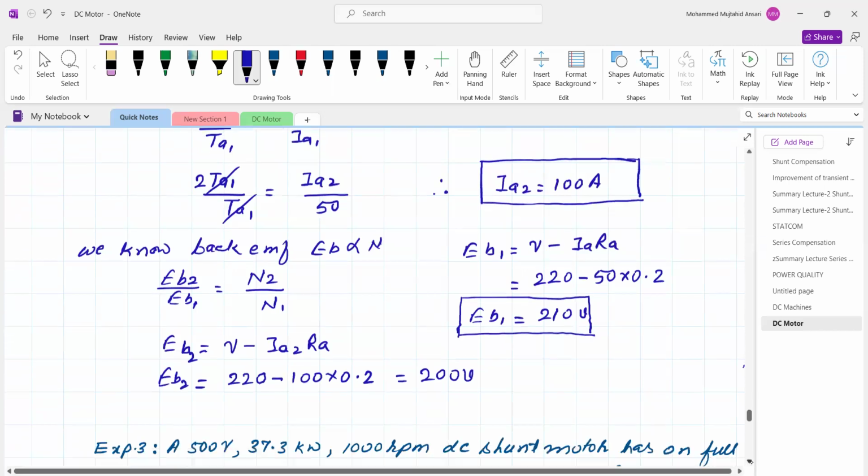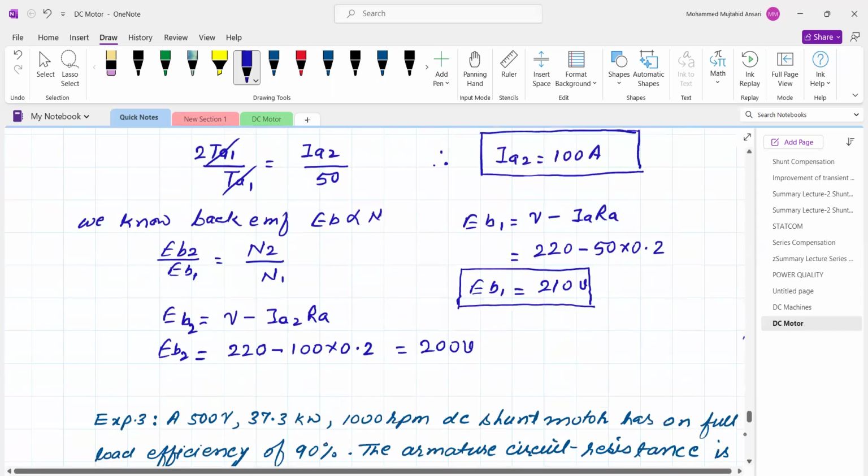Now, what is the speed? We can put these values in the equation: 200 divided by 210 is equal to N2 divided by 500.